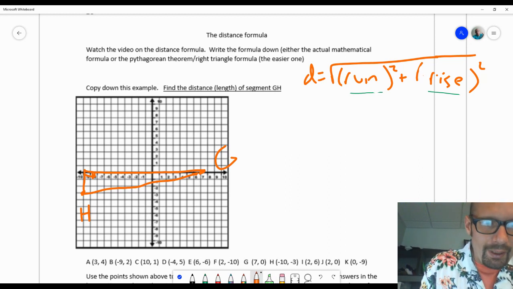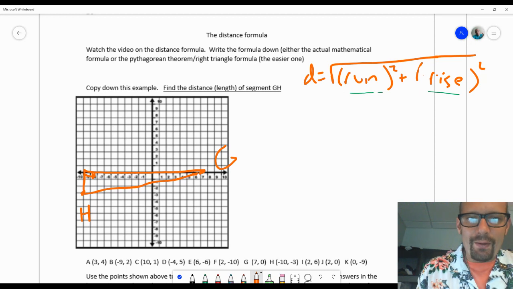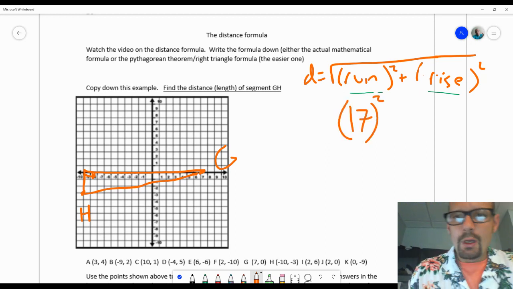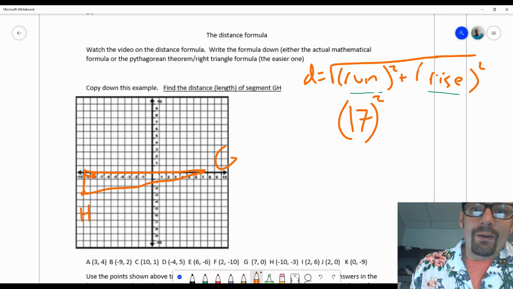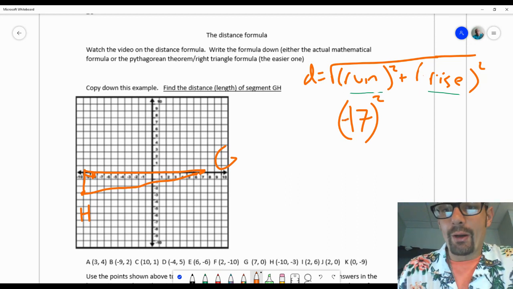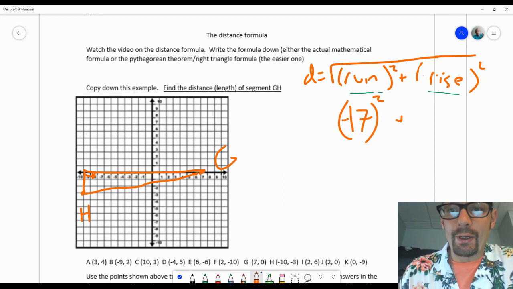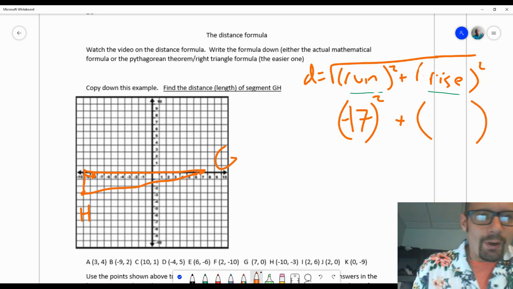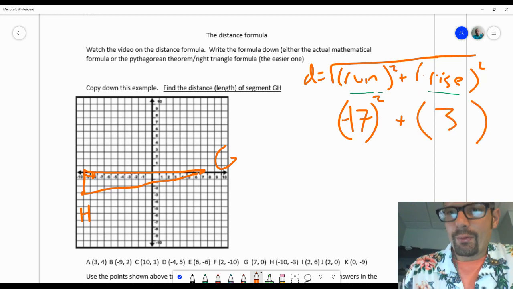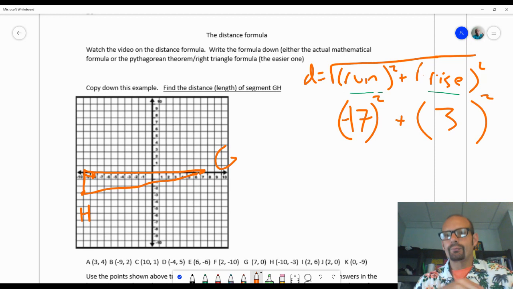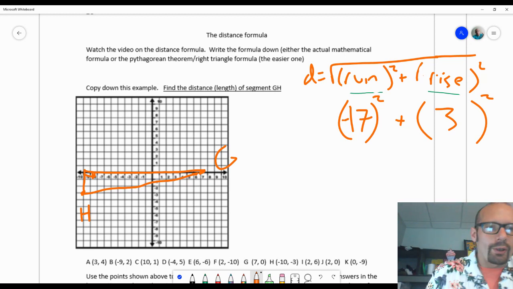So our run, we go from -10 to 7, which should be 17. And whether you get a positive 17 or a negative 17 in there, it doesn't really matter because when we square it, it just becomes positive anyway. We see our rise go from -3 to 0, 3. All right, so let's think about this.